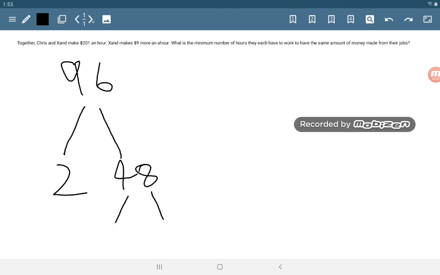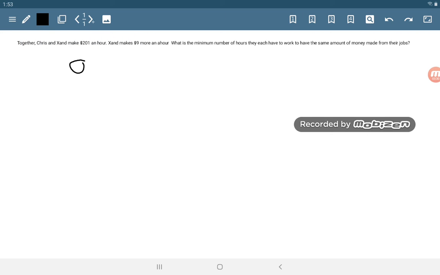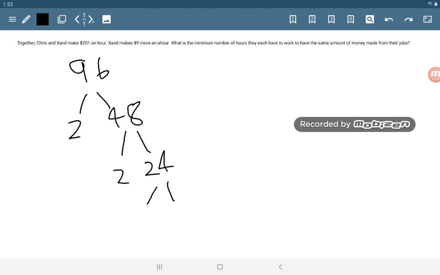Actually, I should do it a little smaller so I don't run out of room. This would be 2 and 24. This would be 2, 12. 2, 6, 2, and 3.